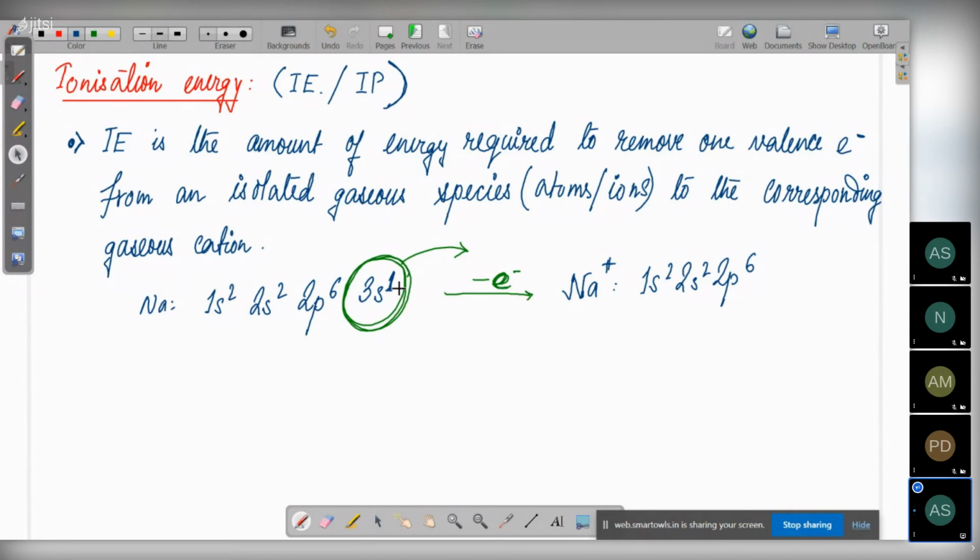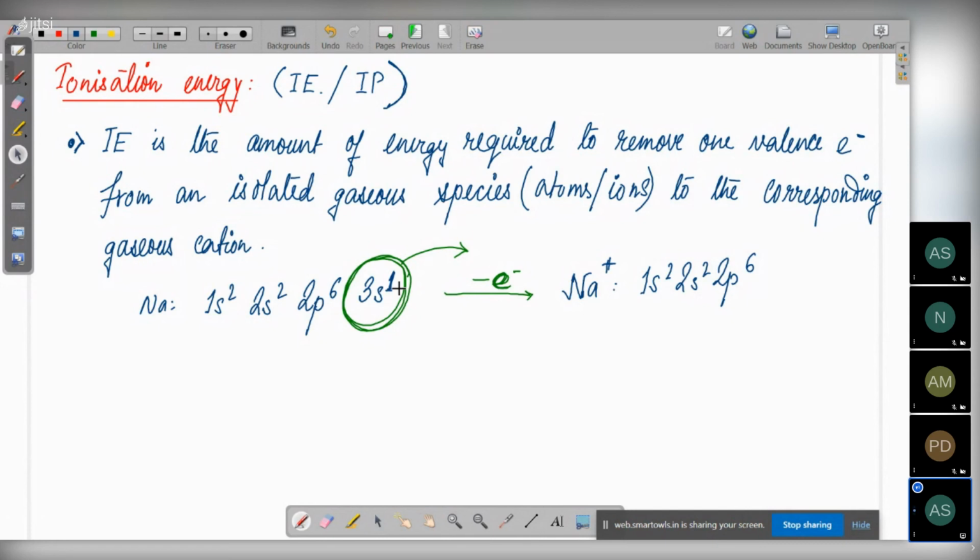On Sunday we are going to discuss mainly how ionization energy changes across the period and down the group. Basically, in this chapter our motive is to learn about periodic properties and how they vary across the period and down the group. We'll also be taking up exceptions, followed by electron affinity and electronegativity.